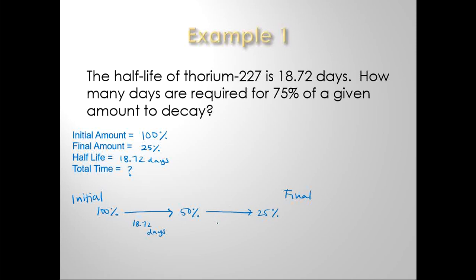This took another 18.72 days, which means that it's a total of 37.44 days. So it took thorium-227 37.44 days to decay to 25%.